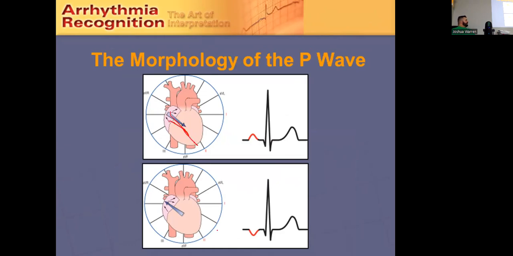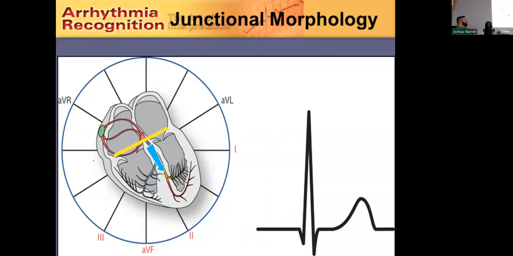Now what happens if I have a patient that's got axis deviation, which we'll cover later, and the electrical impulse is traveling towards a negative electrode? I'm going to have a negative deflection here because the electricity is traveling back this way. Again, that could happen because of a junctional rhythm. There is your junction, right there. So what is that going to cause?